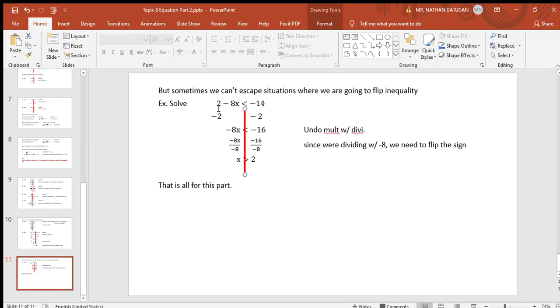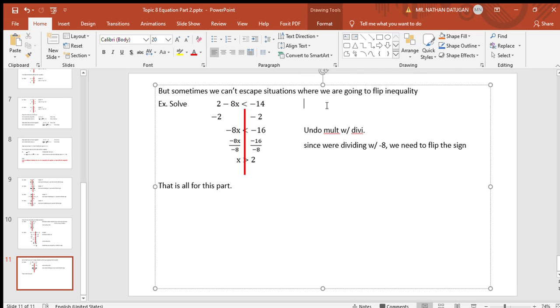So in this case, we have 2 minus 8x is less than negative 14. Well, our goal is to isolate x. So to do so, we are going to get rid of that 2.